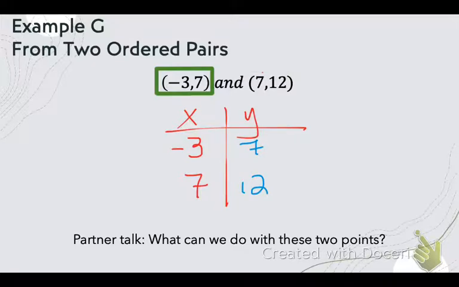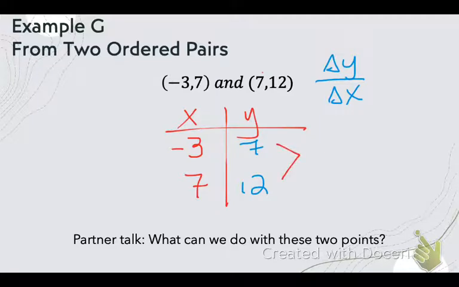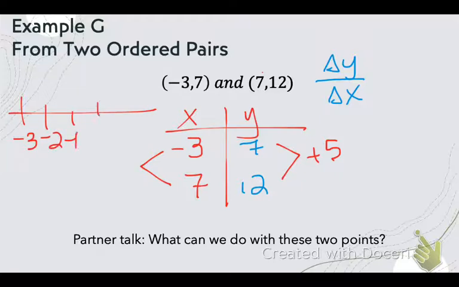So now that we've put them into a table, we can do just like we did the last time, where we're finding our change in y over our change in x. If I go from 7 to 12, I'm adding 5. And if I go from negative 3 to 7, my apologies, when it gets to negatives, to make it less confusing, I like to draw a number line out and count that way.